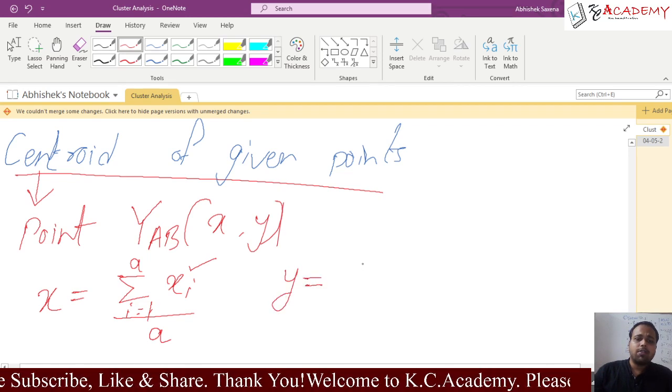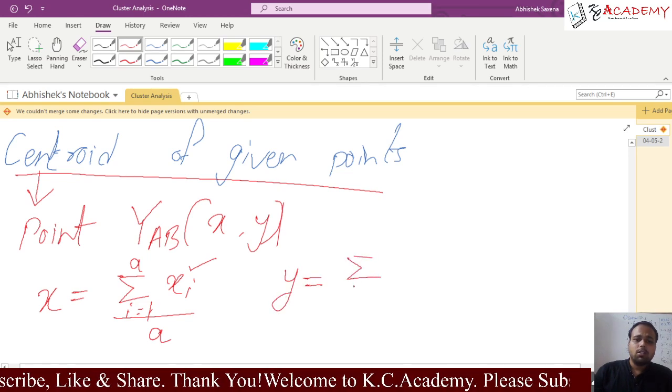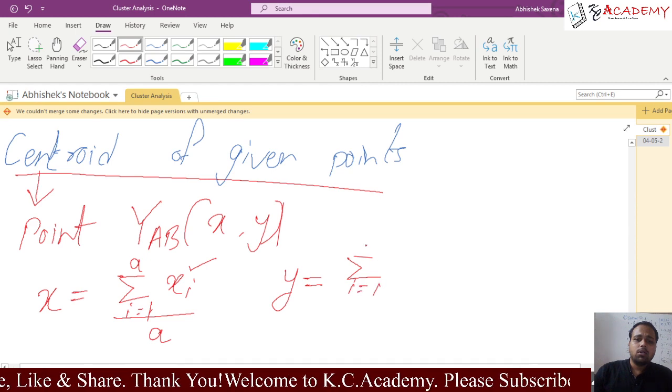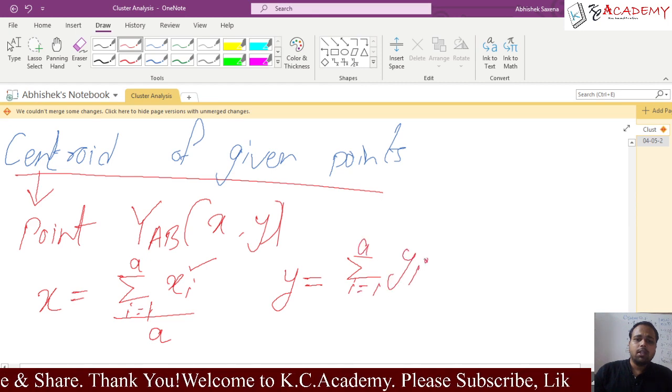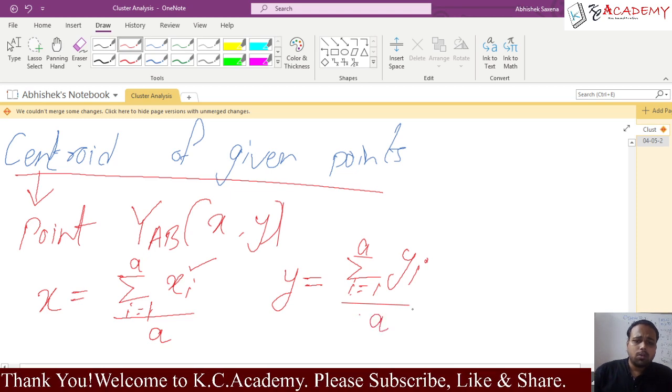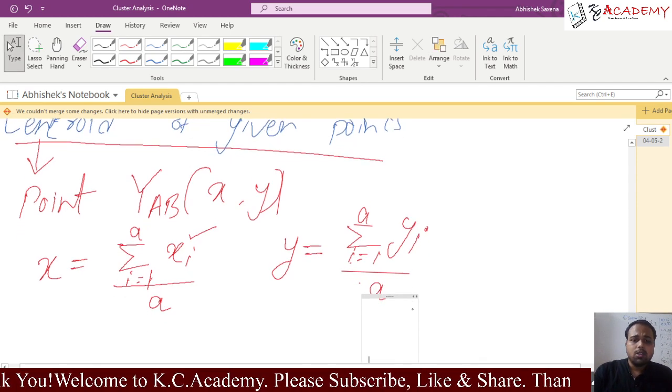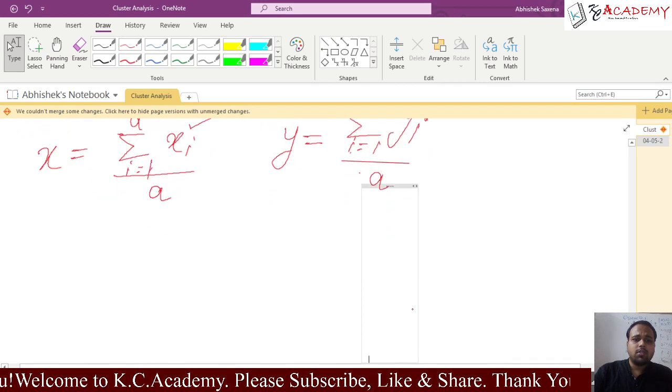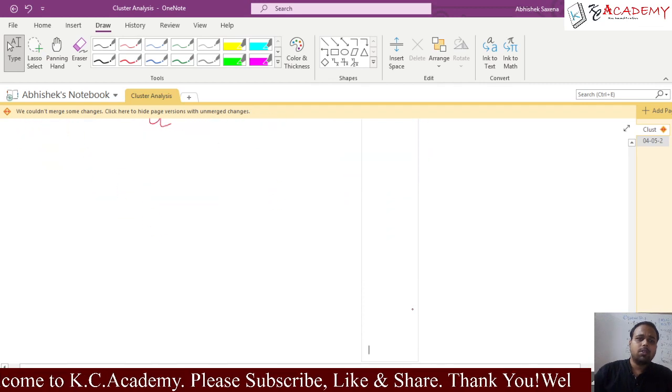Similarly, you can find the y value by summation of i equals 1 to a of yi upon a. Same, no need to write further.